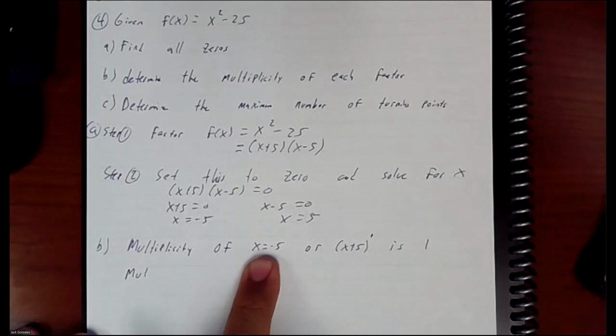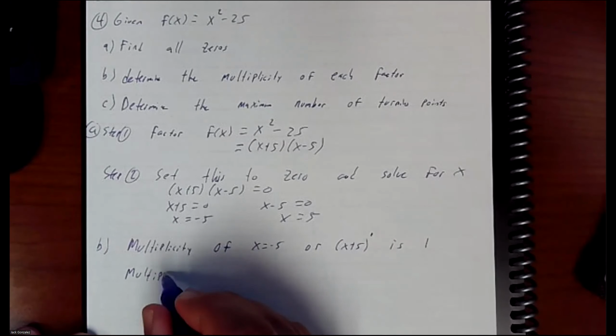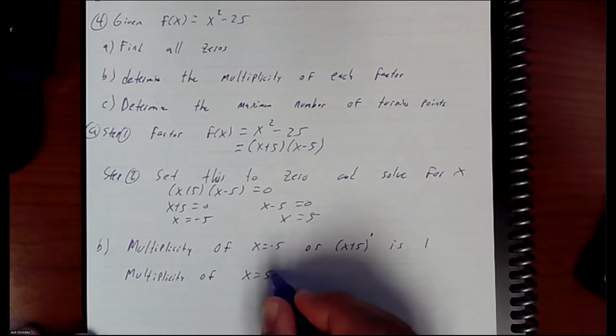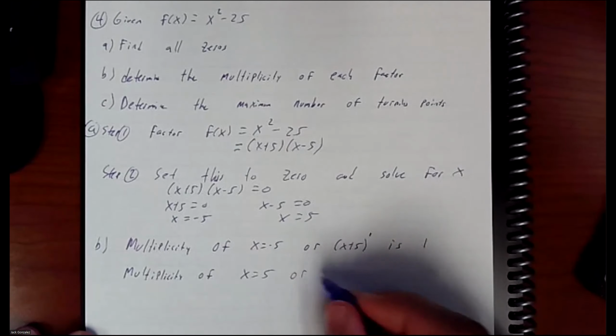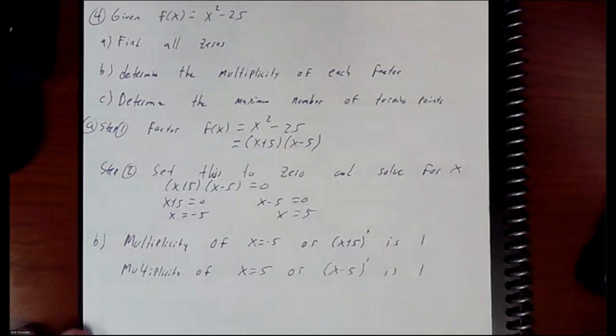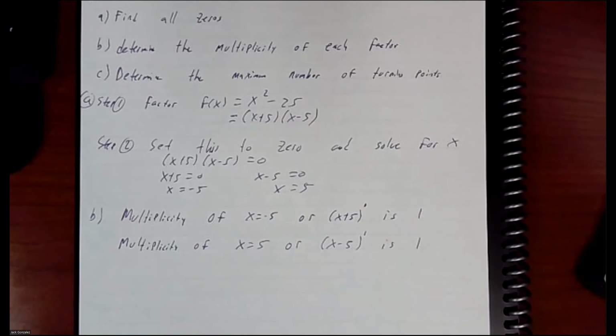You can say it as the answer or as the factor. Same thing though. x equal to 5, or x minus 5, is also 1. So there's part B. So far, any questions on number 4?